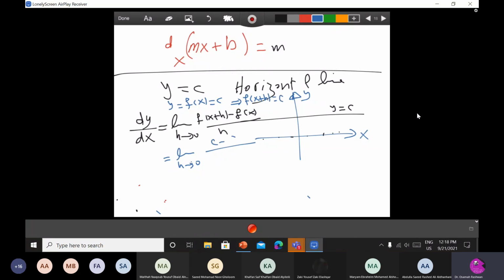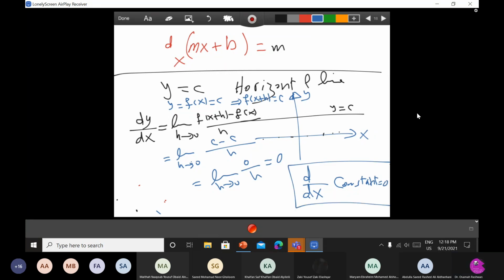So you have c minus c over h. It will equal what? 0 over h, which is 0, right? Yes, the first derivative d by dx for any constant will equal 0.